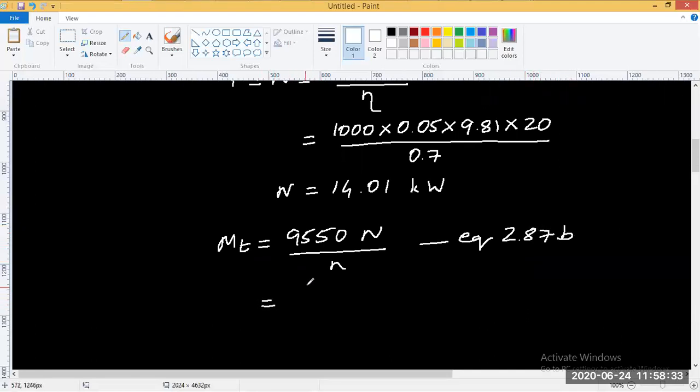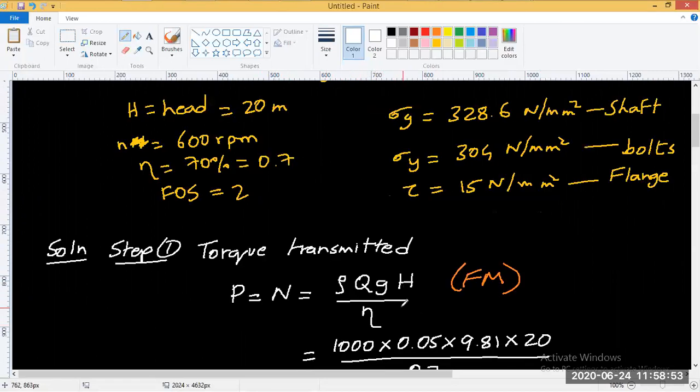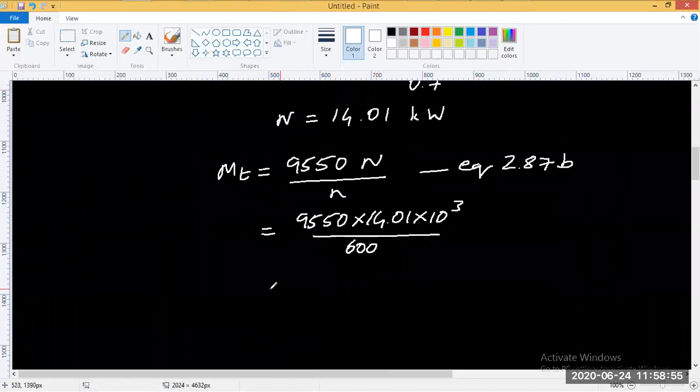You can directly substitute here. So 9550 into this power 14.01, in kilowatts, or convert to watts, 10 power 3, because it's in kilowatts, right? Divided by RPM, that is 600. That I think is given in the data, 600 RPM.